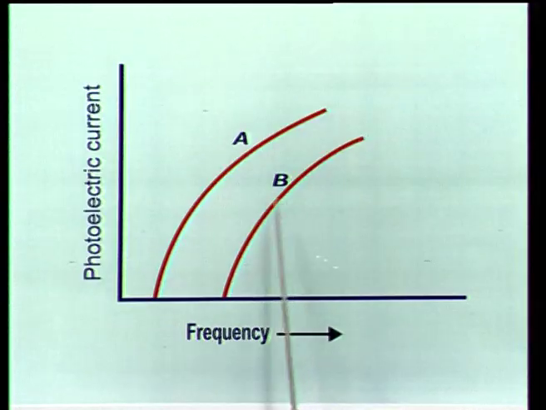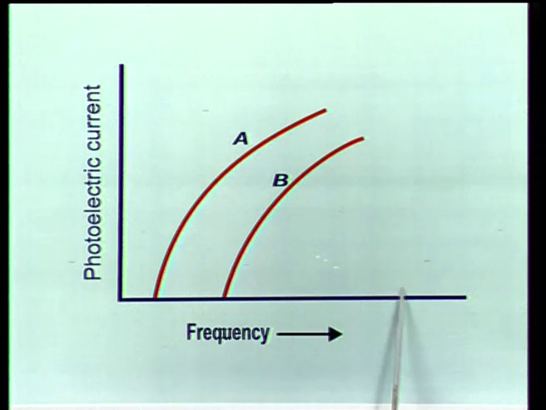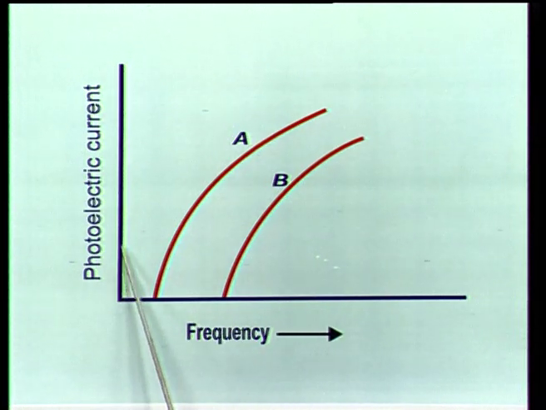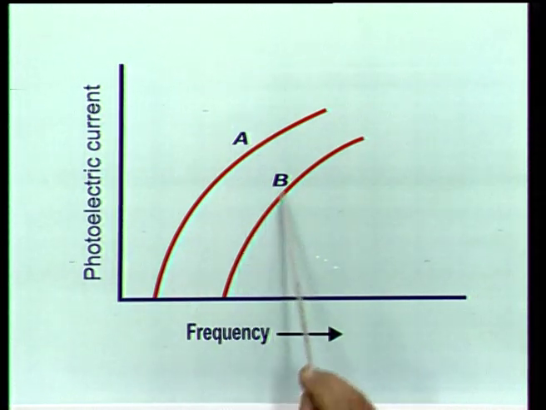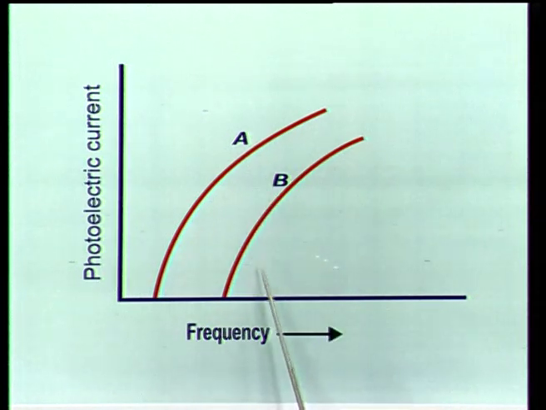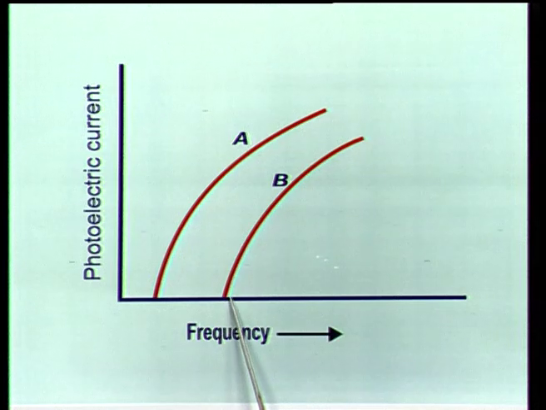If we have a facility to change the photometal from A to B, then as the frequency increases, the photoelectric current increases. This particular curve shows that. The particular frequency below which no photoelectron is emitted we call the cutoff frequency, and the associated wavelength is called the cutoff wavelength.